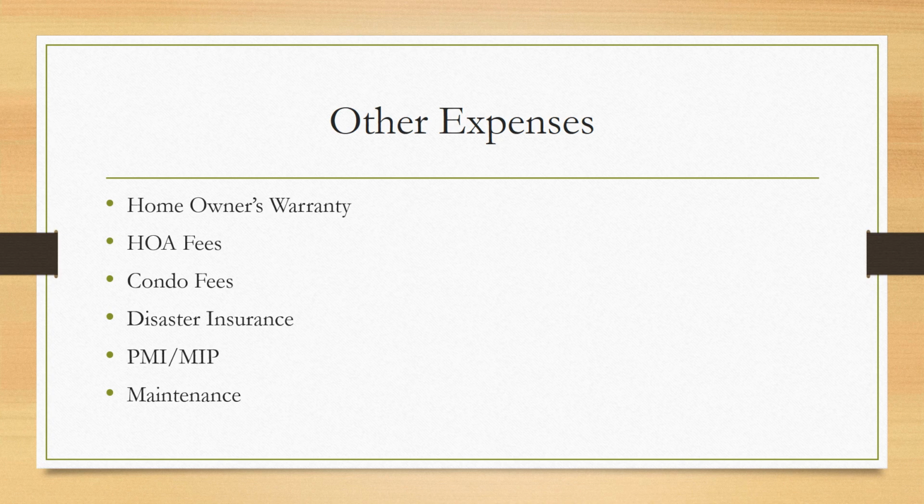Some items on this list here, you may want to have. They may be put to pretty good use. Other items on the list, you may want to avoid. End of the day, you want your mortgage payment to be as cheap as possible. And we'll be covering how to lower your mortgage payments in a video here in the near future.